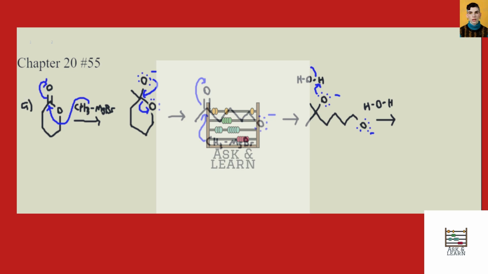And we can just draw each of them grabbing a proton from different water molecules simultaneously. And so that is going to get us to our final product, which would be this diol. Okay, so that's part A.